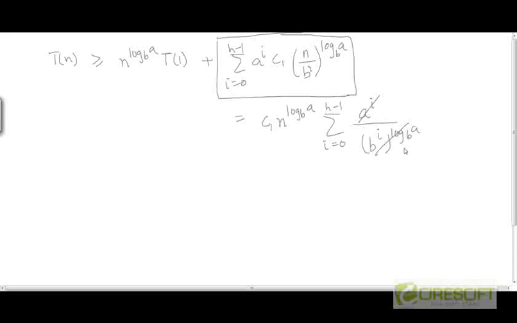And so we are left with this multiplied by h, because 1 added to itself h times is equal to h. And we know that h is log of n base b. So we can write this as c1 times n to the power log of a base b multiplied by h, which is log of n to the base b.